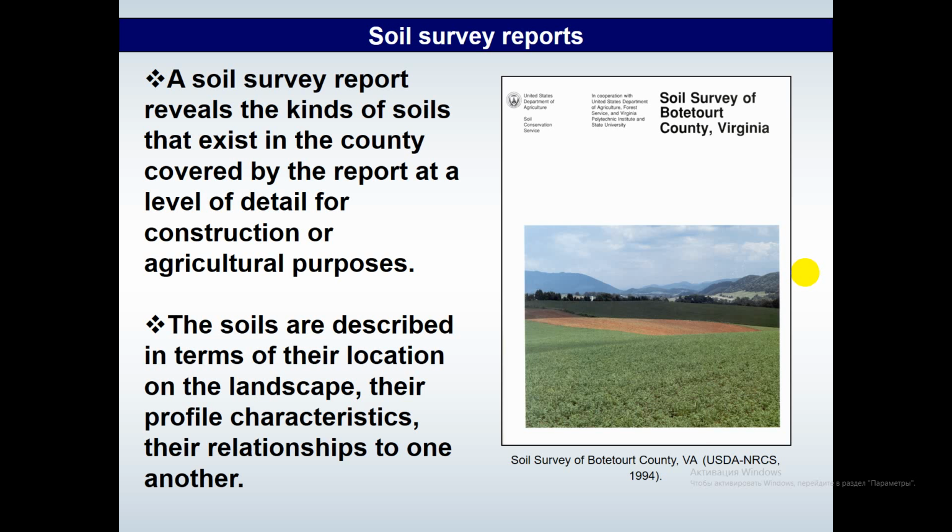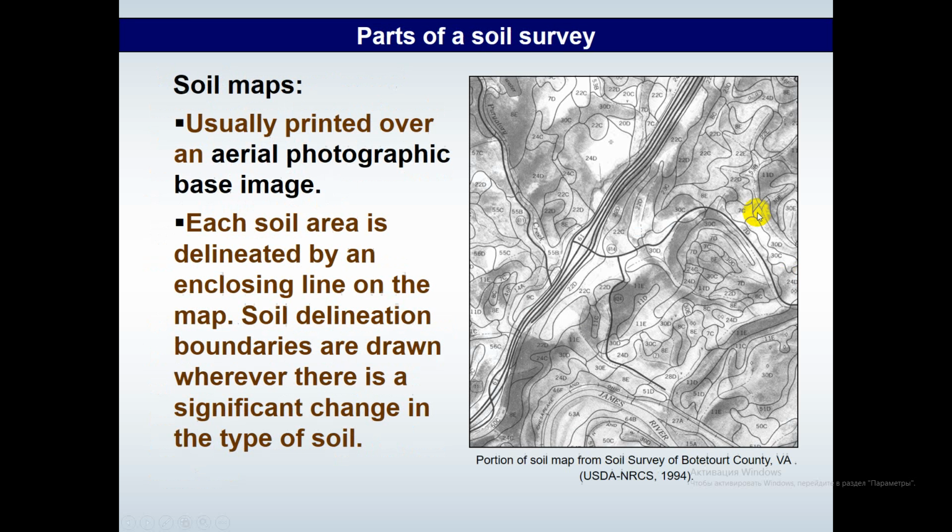The soils are described in terms of their location on the landscape, their profile characteristics, and their relationships to one another. So this is a soil survey of Botetourt County, Virginia. And parts of a soil survey.